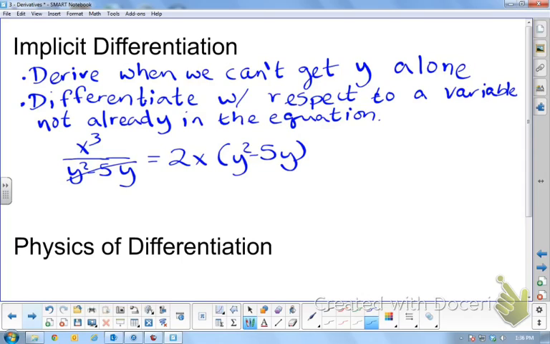It can actually even be a little trickier than that. What's one last thing that can save me even more trouble? Cross out x. Get rid of one of the x's. If we divide both sides by x, then we would just have x squared equals, and I'm going to distribute that to 2y squared minus 10y.